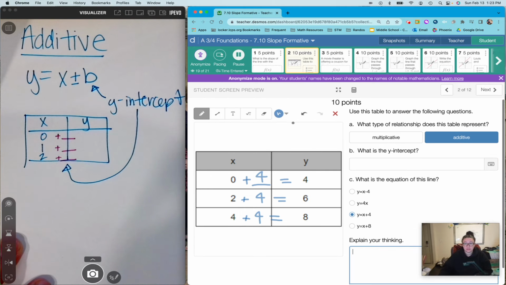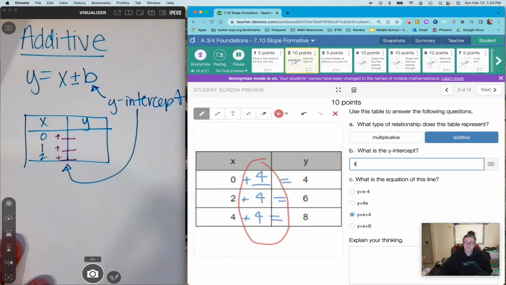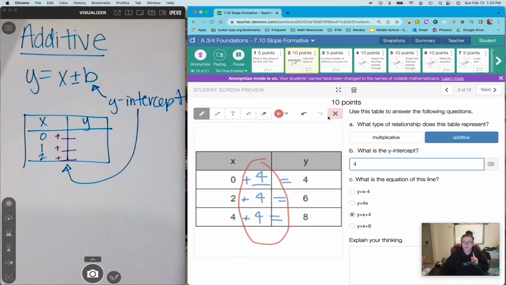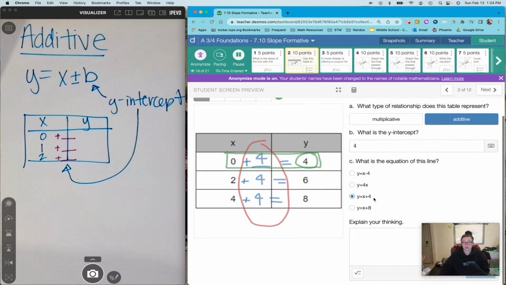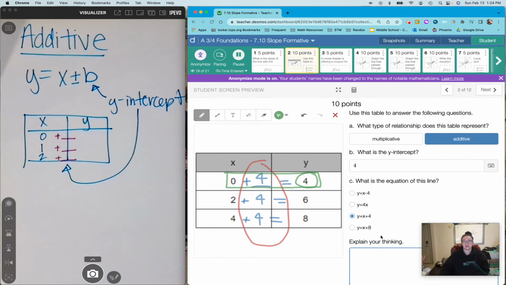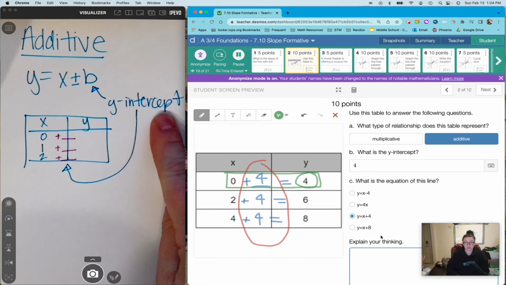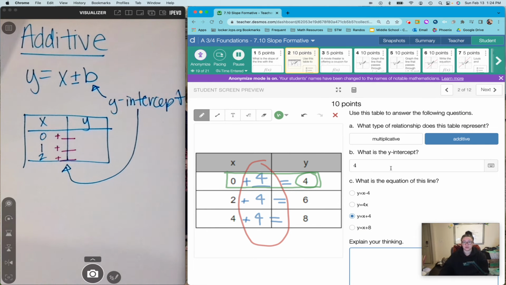So in this problem, the number I keep adding over and over and over again is my positive 4. That's one way we've talked about it. We've also talked about whenever my x is 0, that y is my y-intercept. So we still get 4. You can think about it either one of those two ways, and we wanted you to explain that there. The y-intercept is the number we add over and over and over again. That's the b in our equation.